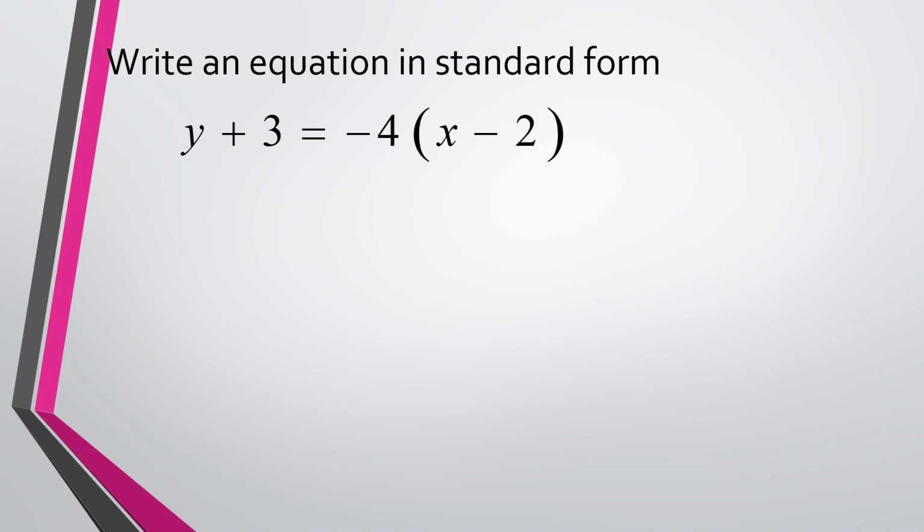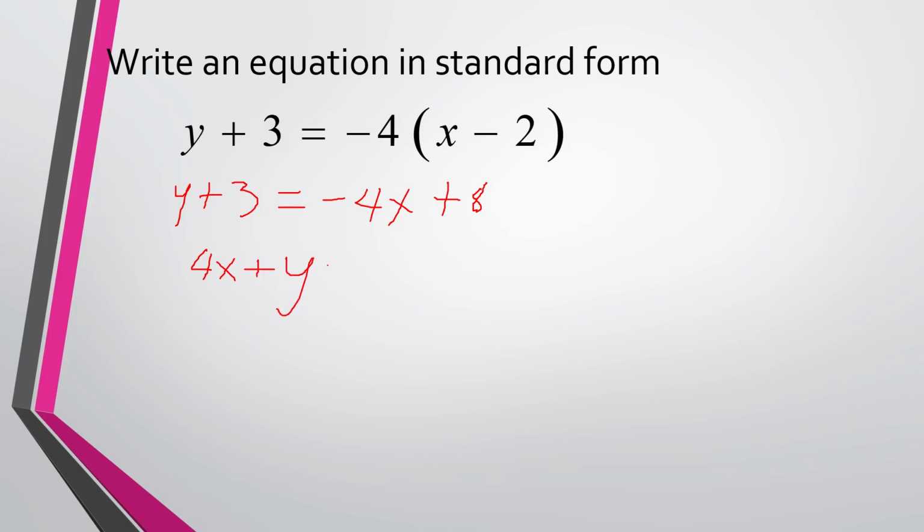Another, write an equation in standard form. Okay, so it's usually we do the equation in standard form. So let's try this one. Y plus 3 equals negative 4 times 6, that's negative 4x. Negative 4 times negative 2, that's positive 8. Okay, so we have 4x. Lipat natin to, that will become positive.